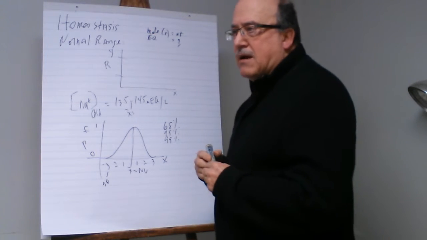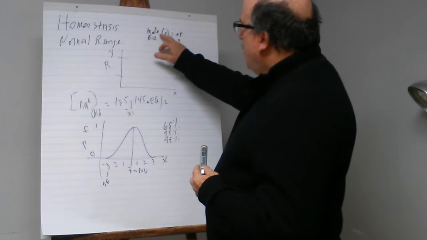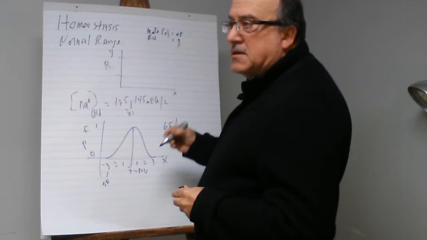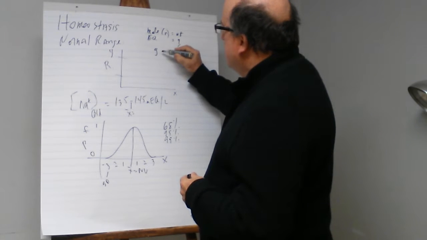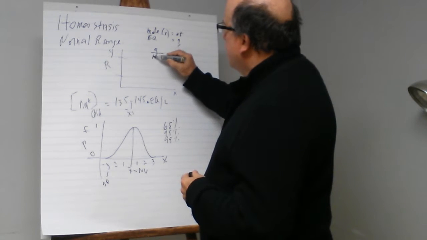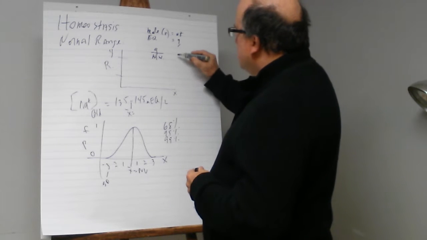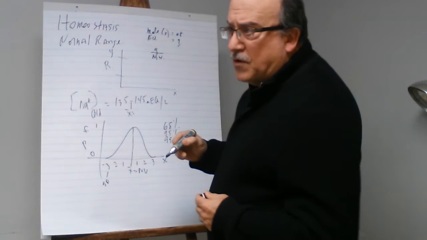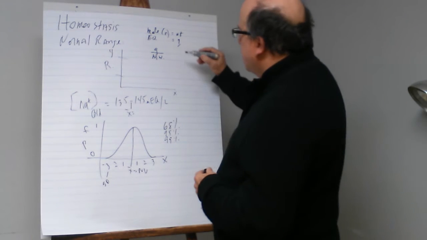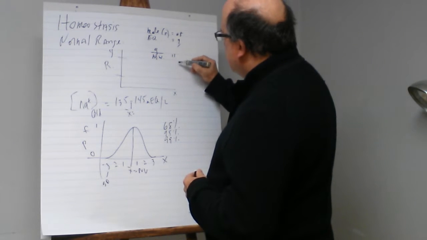Okay? Now, the mole comes from the concept of grams per molecular weight. So you go to the periodic table, and in the first column, third row of the periodic table, you see this.